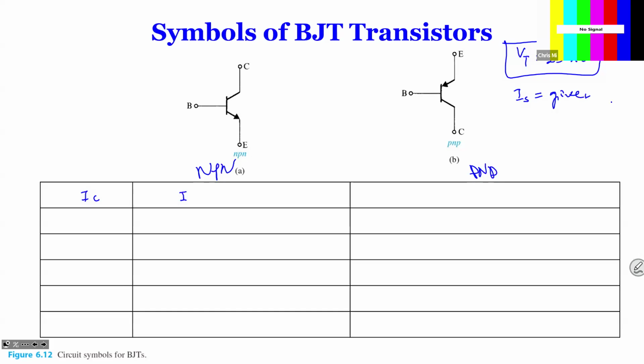So this is IS times e to the power VBE over VT. And then for the PNP, it's IS times e to the power VEB over VT. So that's the difference between PNP and NPN BJT, it's either VEB or VBE.